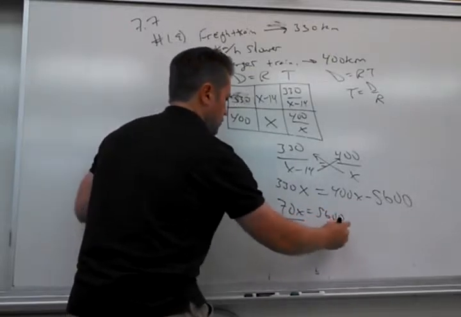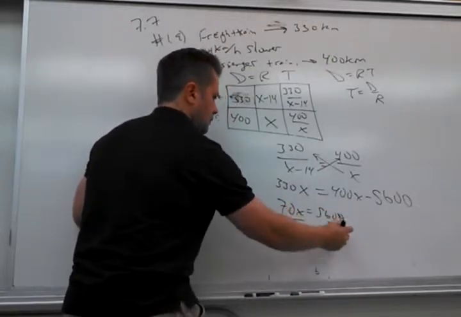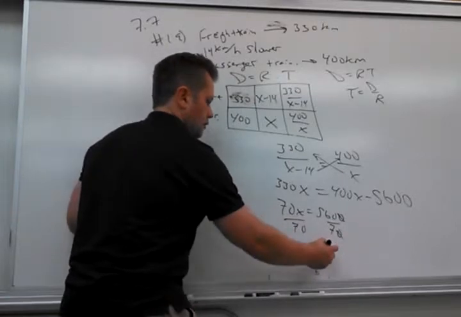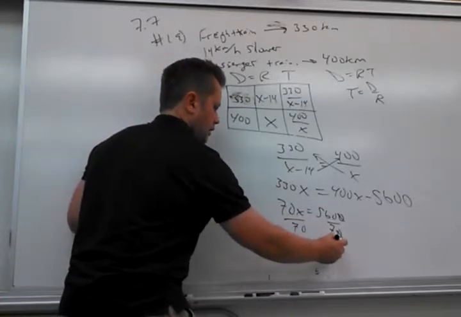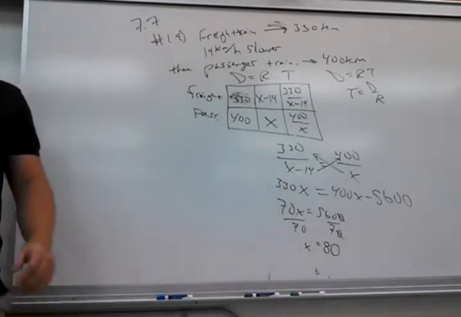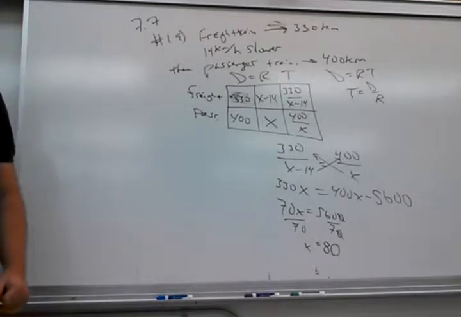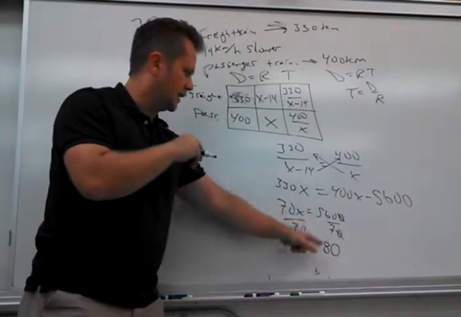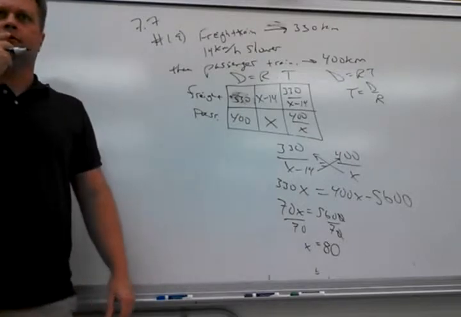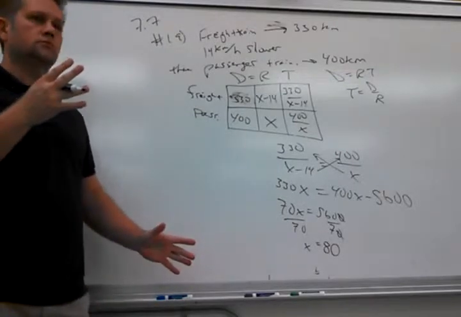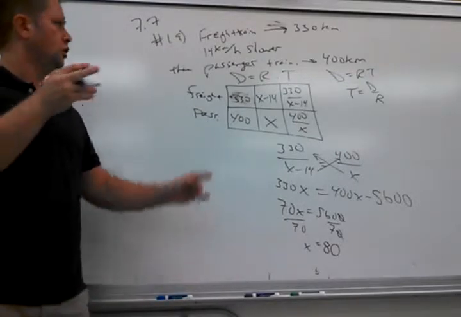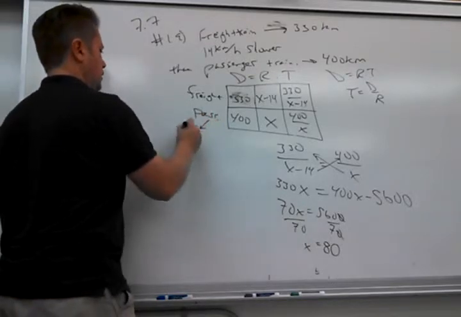Divided by 70, you get 80. That's right. 7 goes into 56, 8, and then you tack a 0 on at the end. Good. The passenger train was going 80 kilometers an hour.